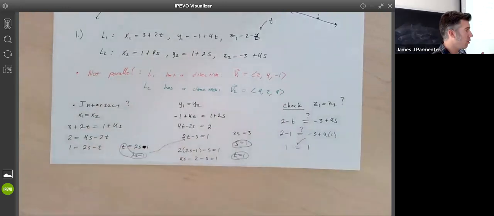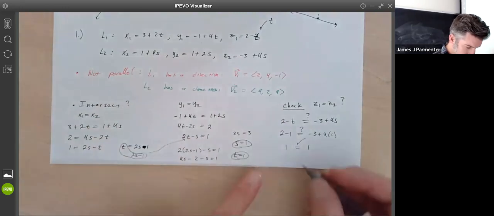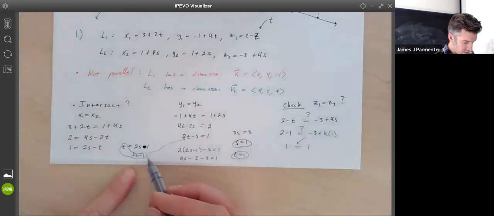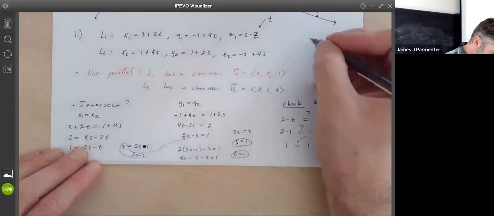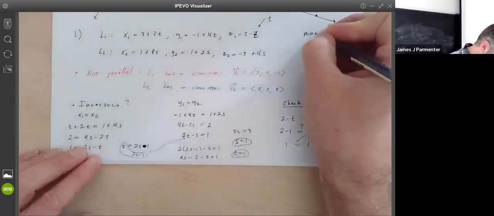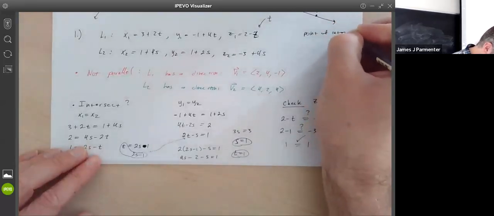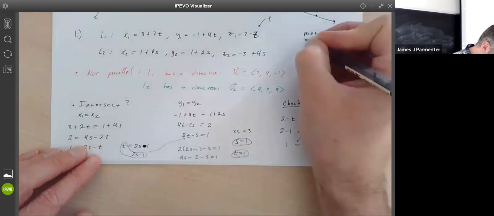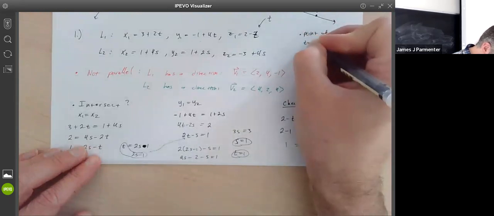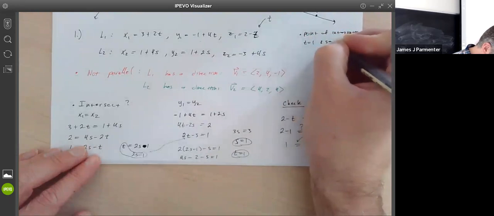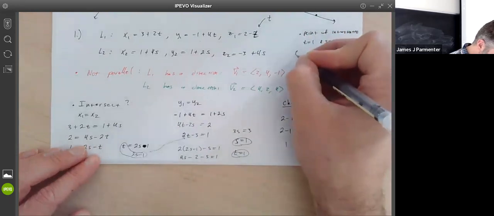So this is a point where they intersect. I should say, we have found that they do intersect. So they intersect when t equals 1 and s equals 1. So the point of intersection where t equals 1 and s equals 1 is going to be the coordinate.